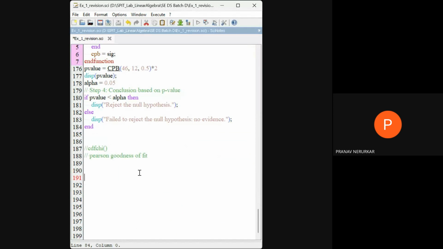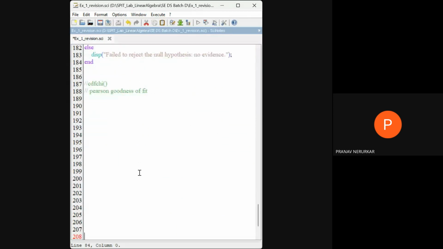Now I will demonstrate how this cumulative distribution function is useful, especially applied on the chi-square distribution.